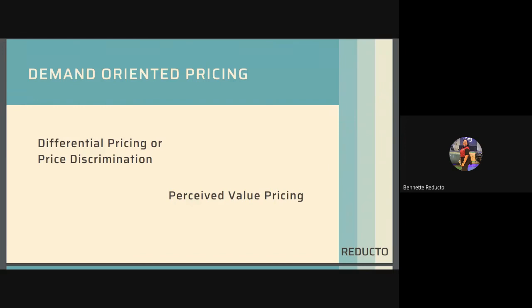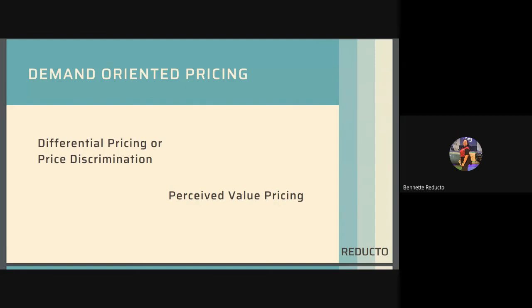The last basis is the quantity differential, wherein the seller discriminates on the basis of the quantity of the product. This usually happens in wholesale, wherein the seller would refer to the quantity of the product for its price.